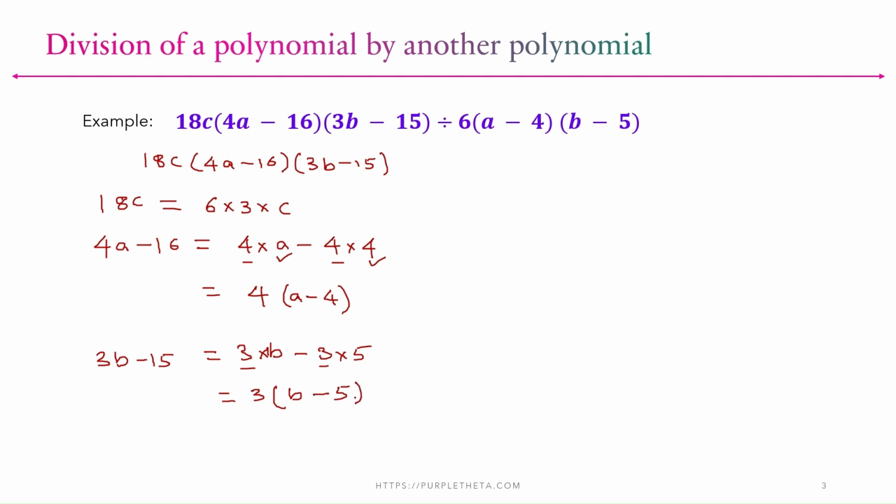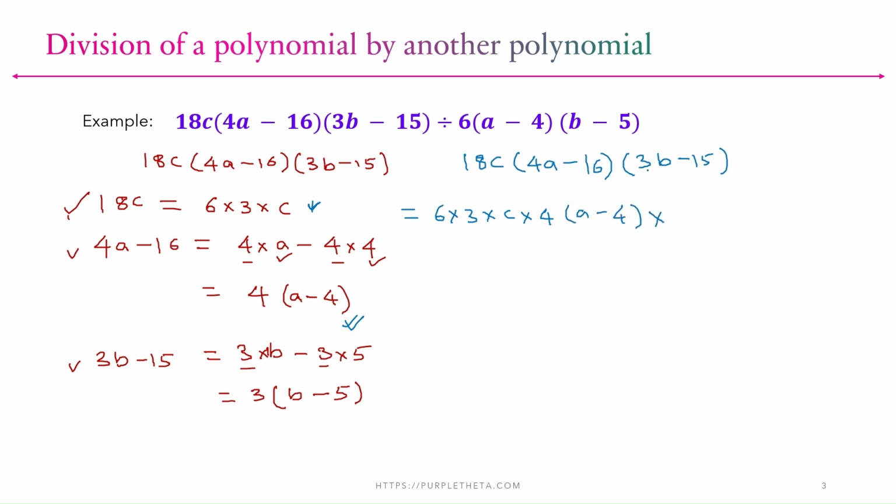Now let us combine all the factors: factors of 18c, factors of 4a minus 16, and factors of 3b minus 15. So the numerator is equal to 6 multiplied by 3 multiplied by c, for the second term 4 multiplied by the bracket a minus 4, then multiplied by, for 3b minus 15, the common factor 3 and the bracket b minus 5.